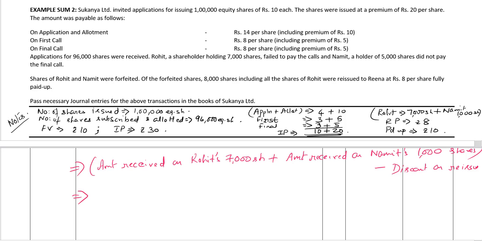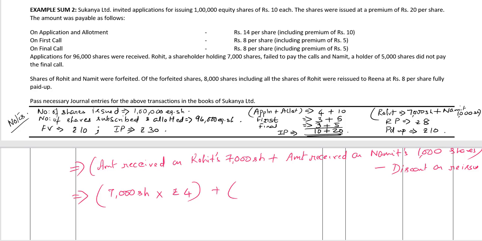Amount received from Rohit's 7,000 shares excluding premium is 7,000 shares multiplied by rupees 4 per share, and the amount received from Namit's 1,000 shares is 1,000 shares multiplied by rupees 7 per share, and the discount on reissue is 8,000 shares multiplied by the reissued discount of rupees 2 per share.